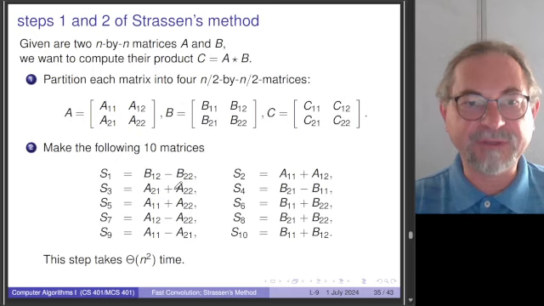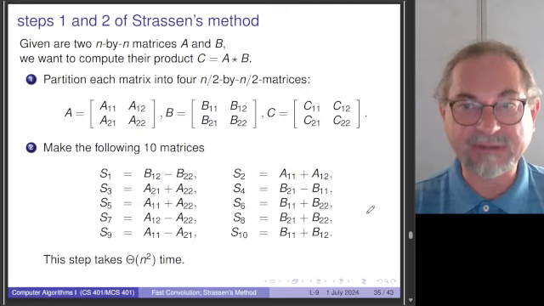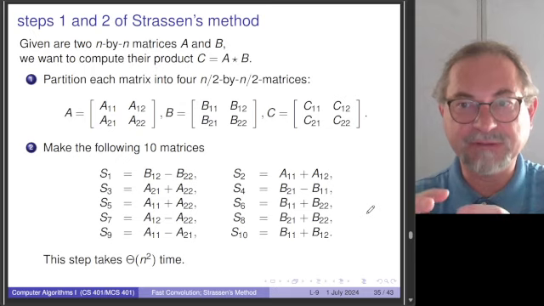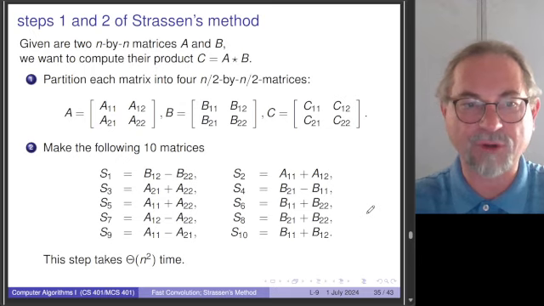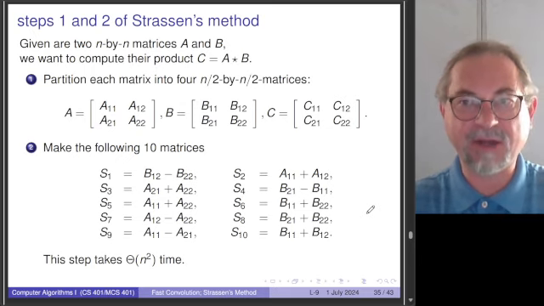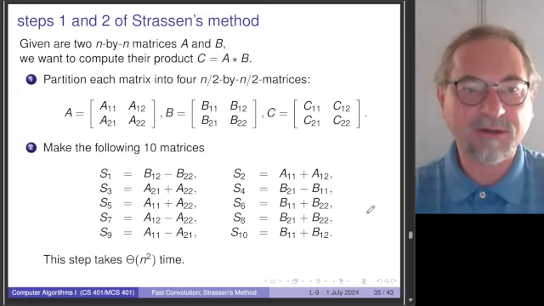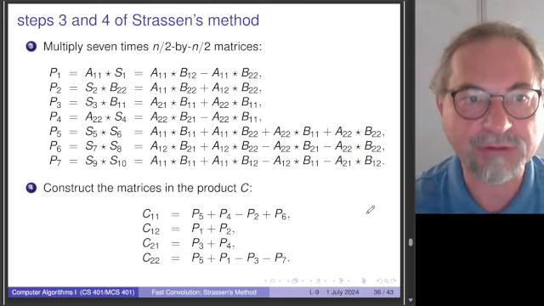So here we have the definition of all these substeps. This will be the time it takes to subdivide, and it will be the time when you have to add in your recurrence. It's a big Theta of n². Nothing gained so far, but now consider the making of the product.